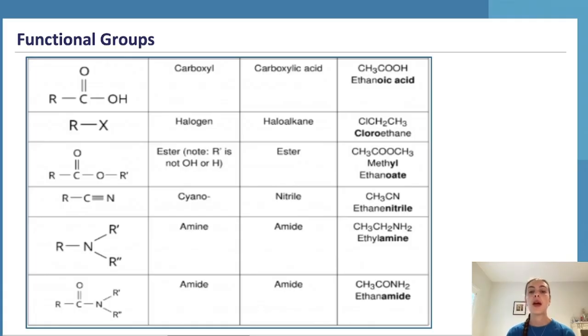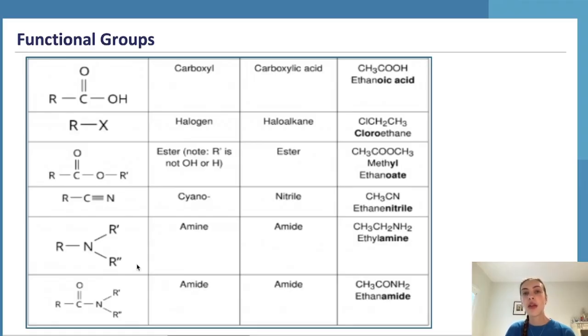So, for example, if we're looking at something like ethylamine, we've only had 1 of the hydrogens from the NH3 molecule replaced by a carbon chain. So we've got a CH3, then CH2, so 2 carbons long, basically along this section here, and then bonded to a nitrogen, and then there'd be a hydrogen bonded here and a hydrogen bonded here.